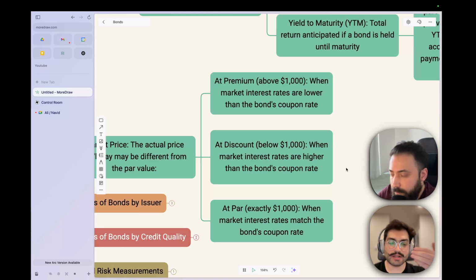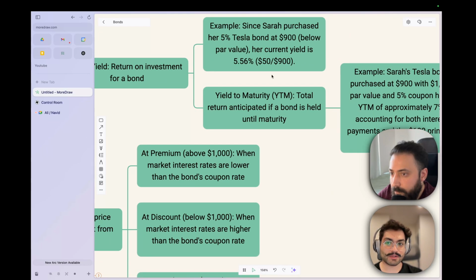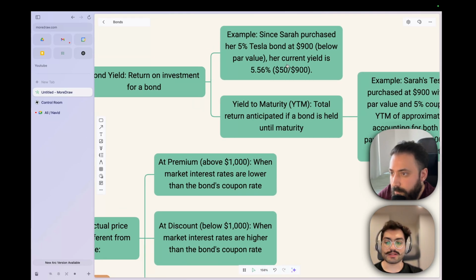If you bought higher than that, your yield is going to be lower. You are still getting the coupon rate, the annual interest, but you invested $1,050, and at the end you got 1,000.